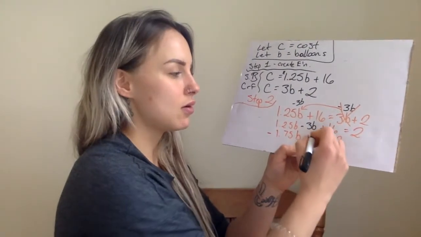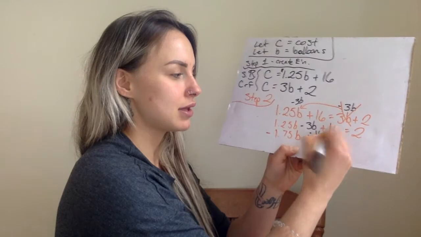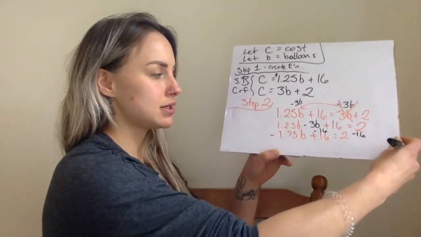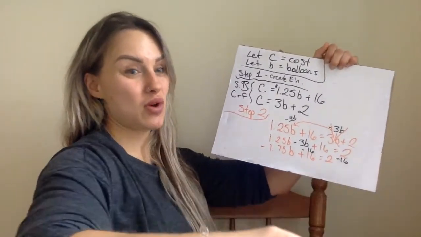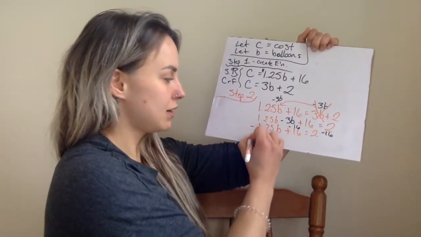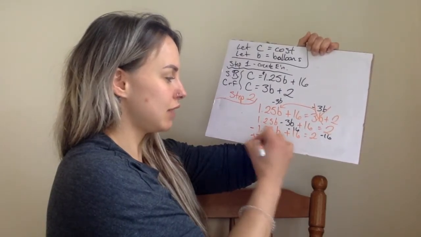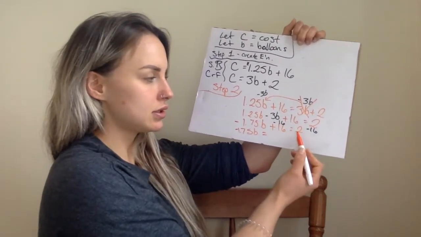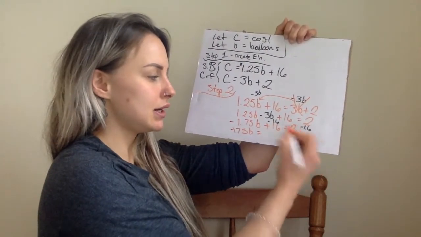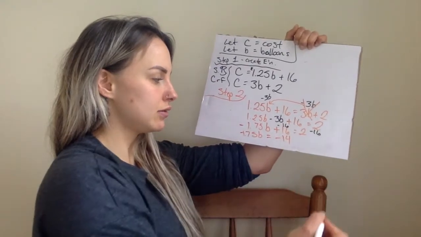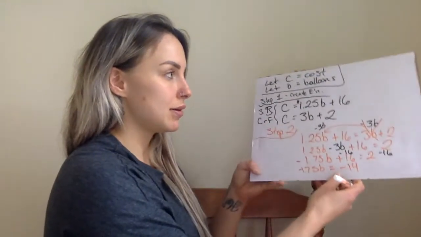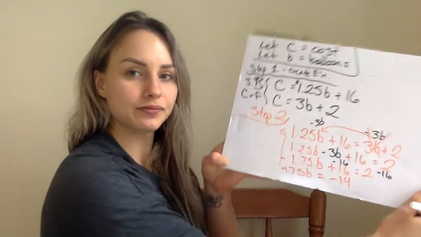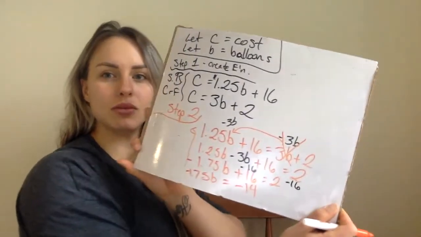Okay, so we have to minus 16 from this side, 16 from this side, which gives us, I'm going to get a bigger whiteboard, negative $1.75b equals, so 2 minus 16 gives us negative 14. Okay, so I'm going to continue this over here.